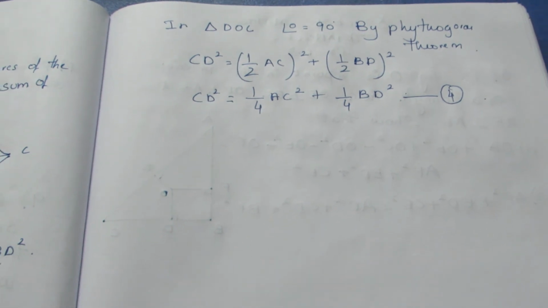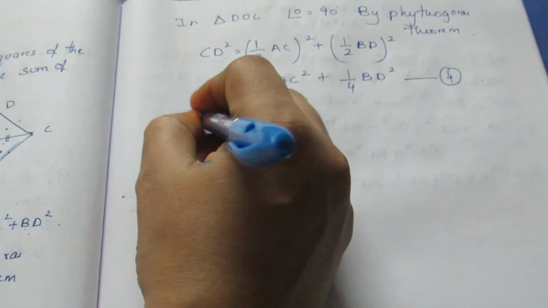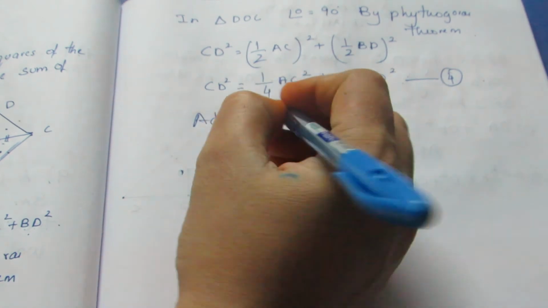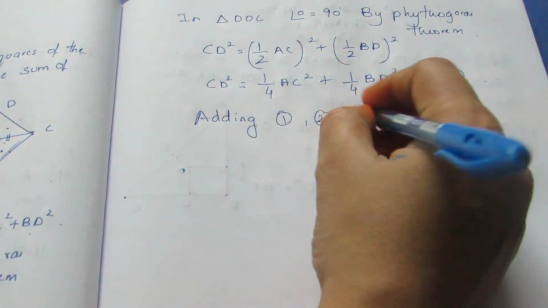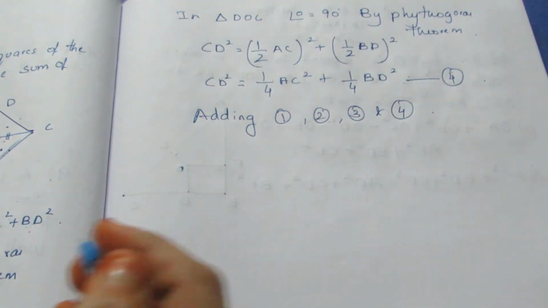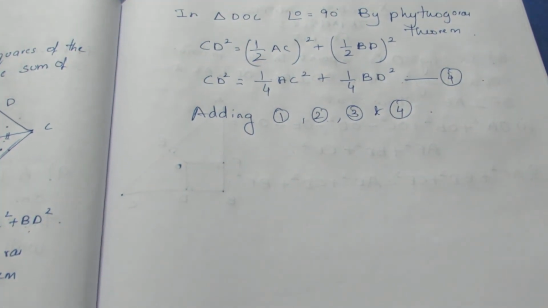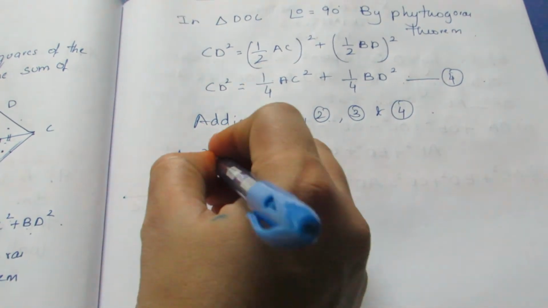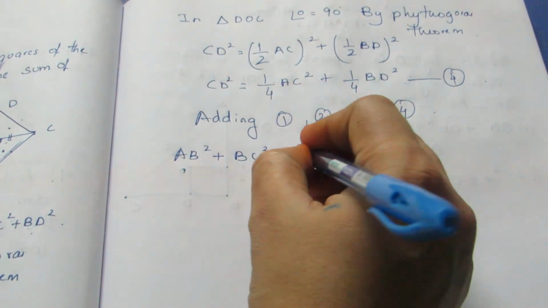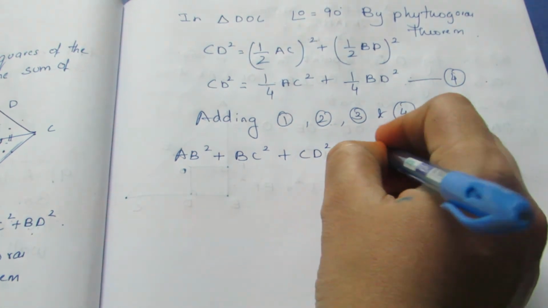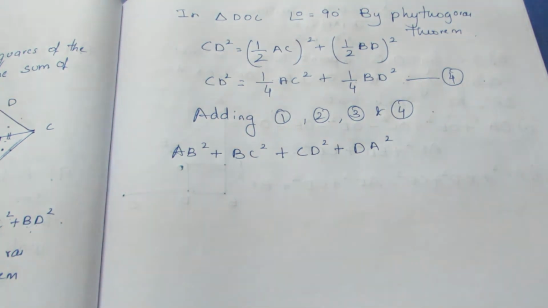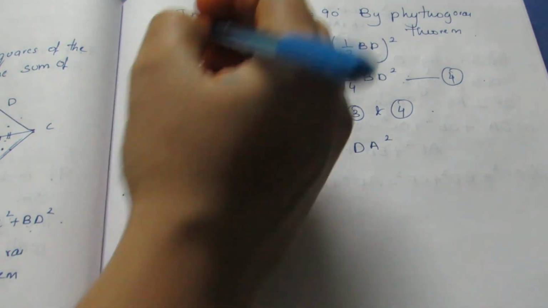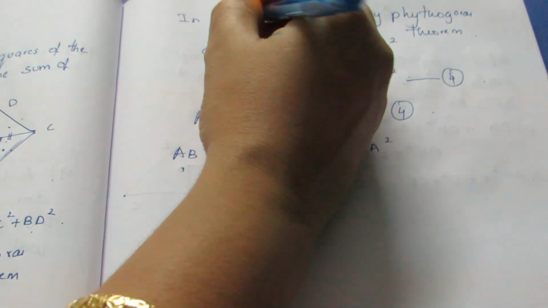Adding all the equations 1, 2, 3, 4, we get LHS to LHS and RHS to RHS. On the LHS we add AB square plus BC square plus CD square plus DA square. Sorry, this is AOD.